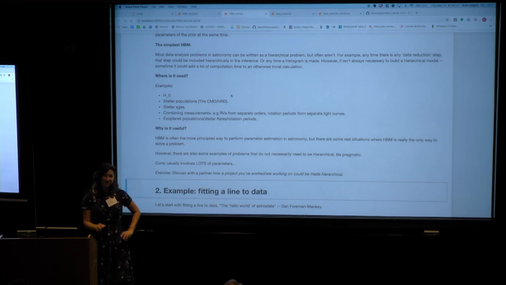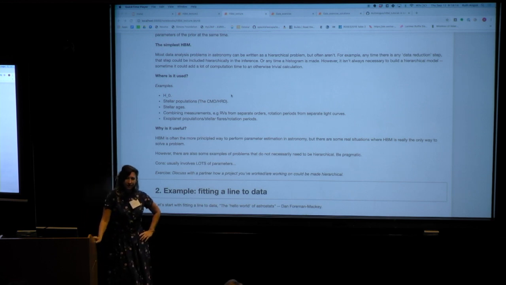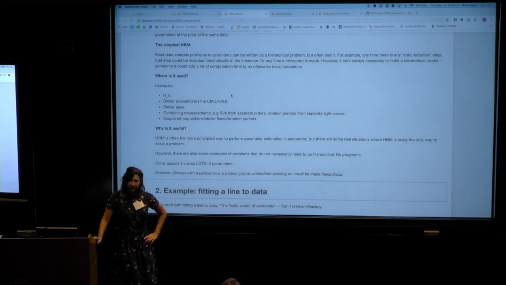Okay, so in this example you just gave of trying to fit a prior to the H-naughts, you could imagine that some of those observations might be more precise and have smaller error bars.